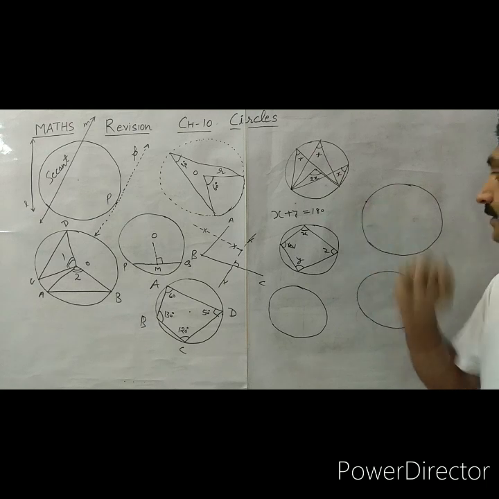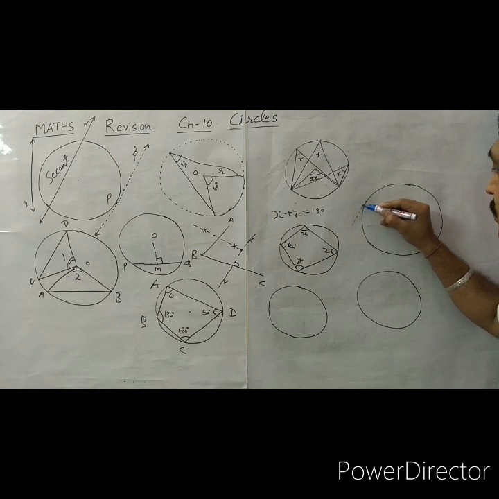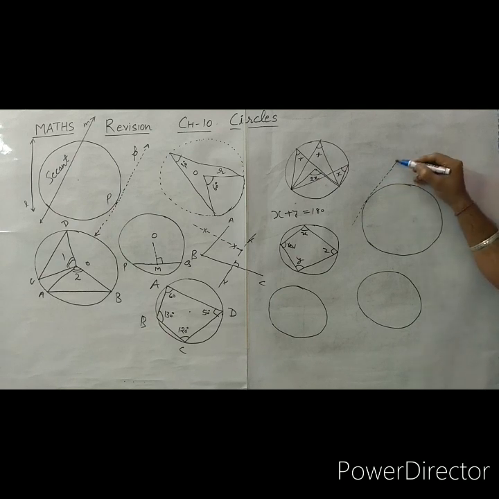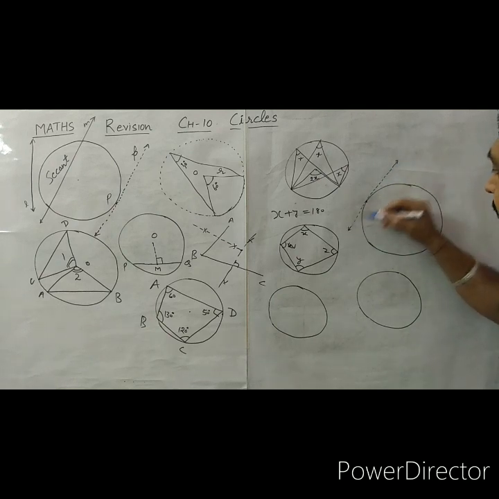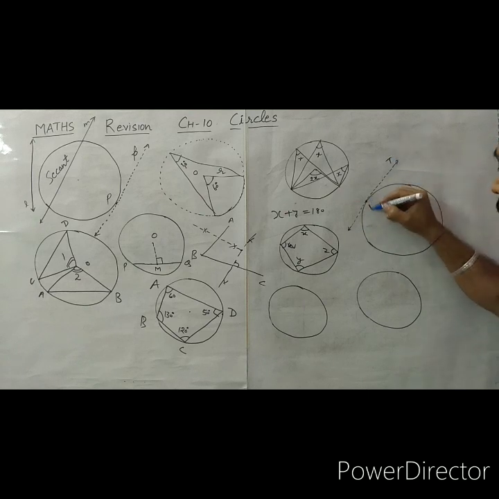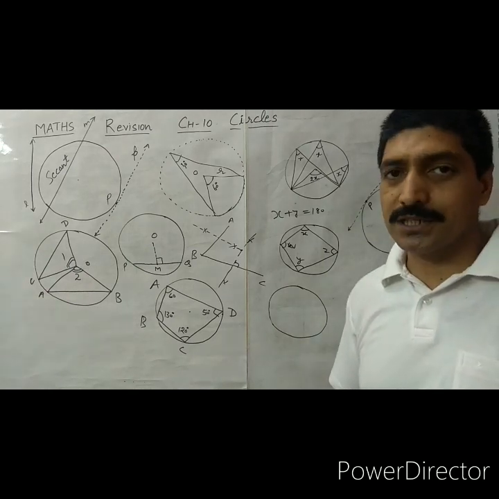But there will be one and only one line which is just touching the circle from this point. So this dotted line is called the tangent to a circle, and point P is called the point of contact.